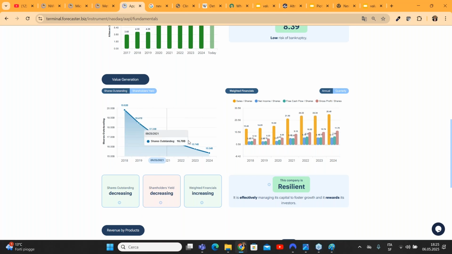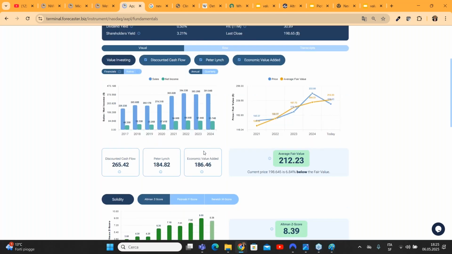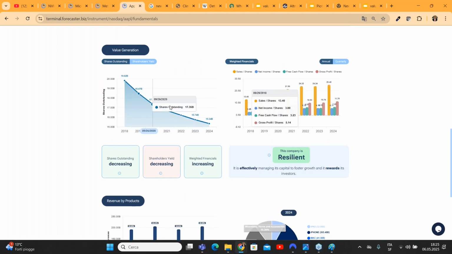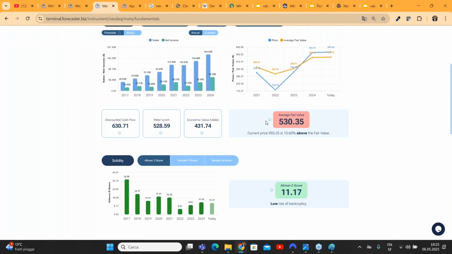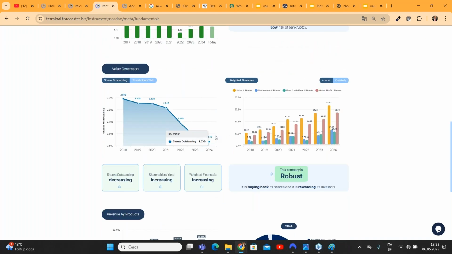For example, here we are on Apple, and Apple is doing buyback since ever. Here we are on Meta, and Meta is doing buyback since ever. Doing a buyback, repurchasing its own stocks, is a sign the management thinks that the company is undervalued.